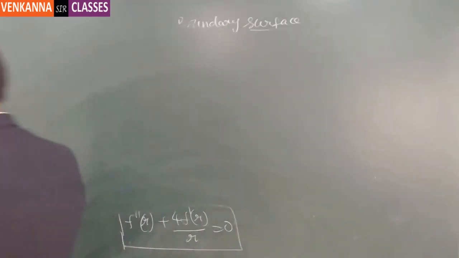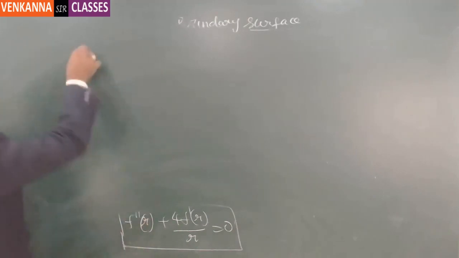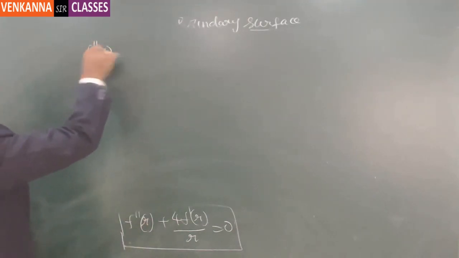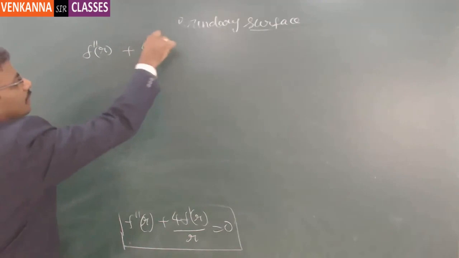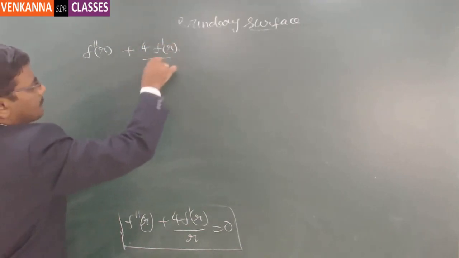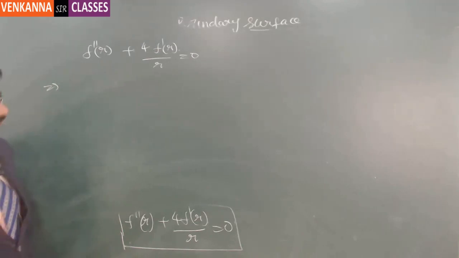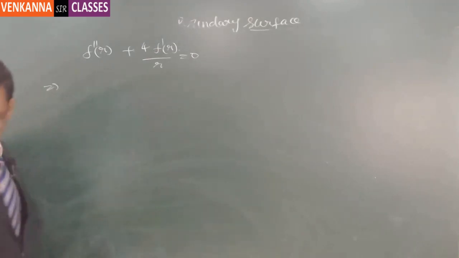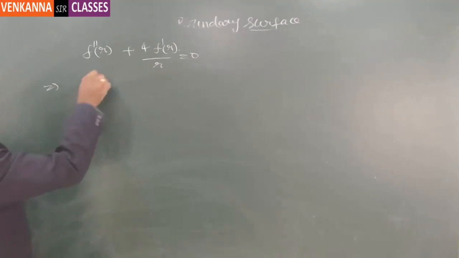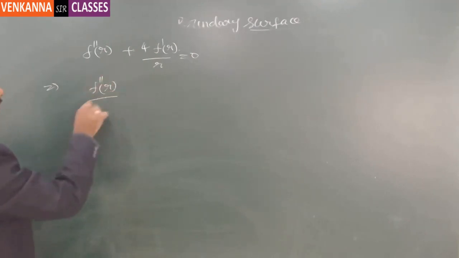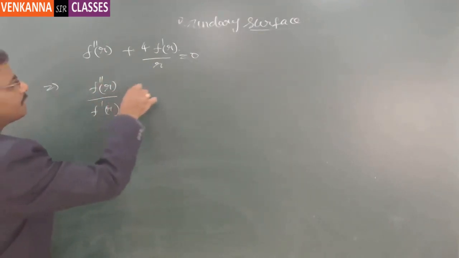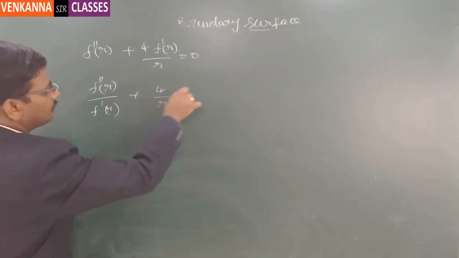So as per the incompressible fluid, f double dash of r plus 4 times f dash of r by r is equal to 0. It implies f double dash of r divided by f dash of r plus 4 by r is equal to 0.